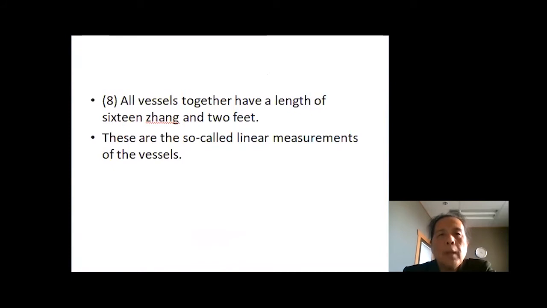So plus all the number there together. Then they got 16 zhang and 2 尺. So that's how we say the meridian is totally this long. 12 regular meridian plus 阳荞阴荞 meridian plus Du meridian and Ren meridian.